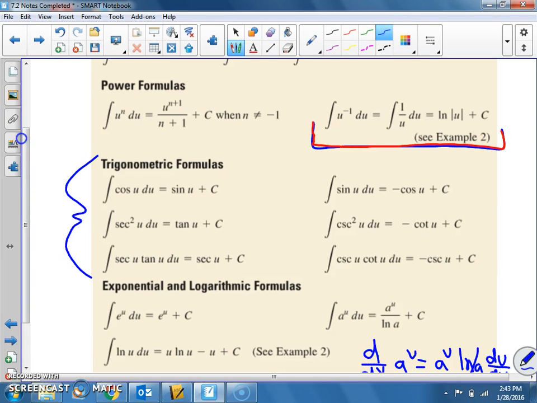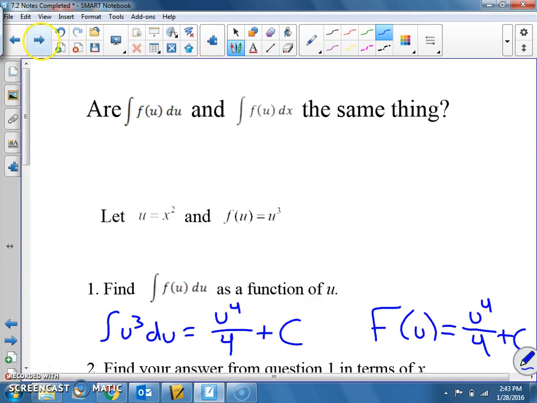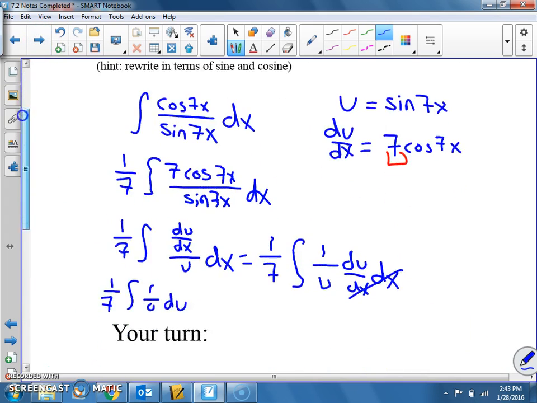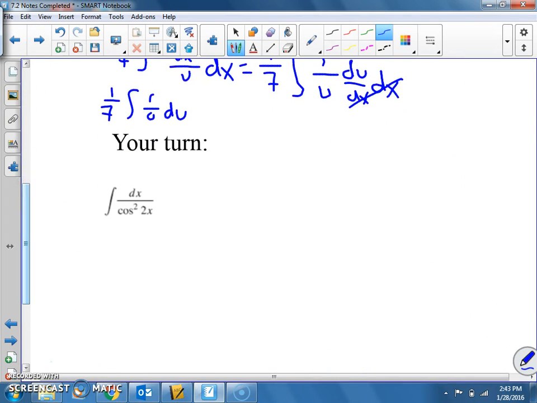Okay? So we have to plug in. So it's going to be natural log of the absolute value. So we've got 1 over 7 ln of the absolute value of u, plus c. Okay, and then what was u?